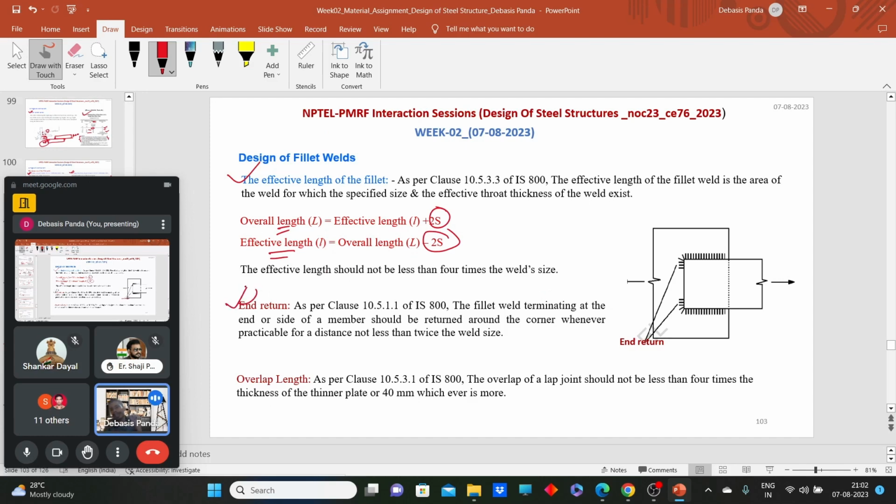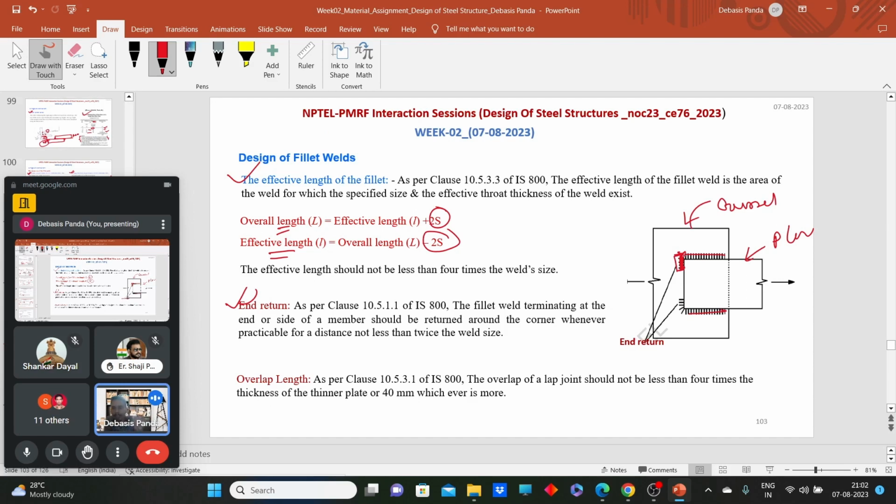That is called the end return. Whenever we terminate a weld, like we have a gusset and we have a plate, and we make a weld here and here, we need to terminate this weld up to a certain limit so that we have a quality termination, or we don't have that warping effect due to the torsion.